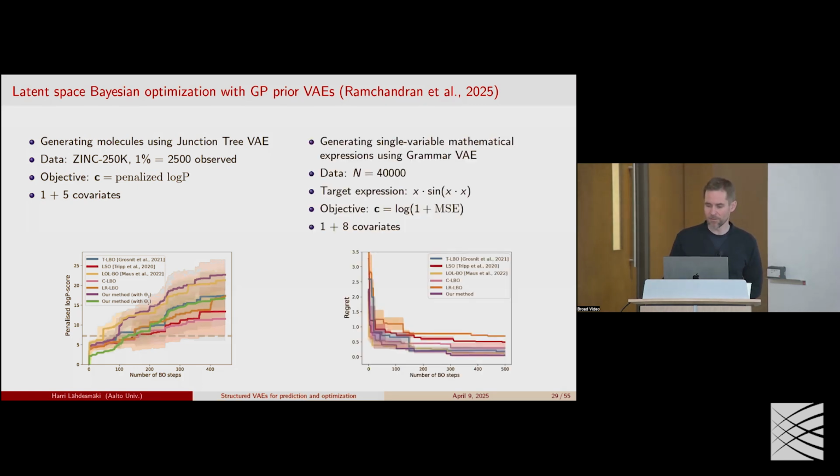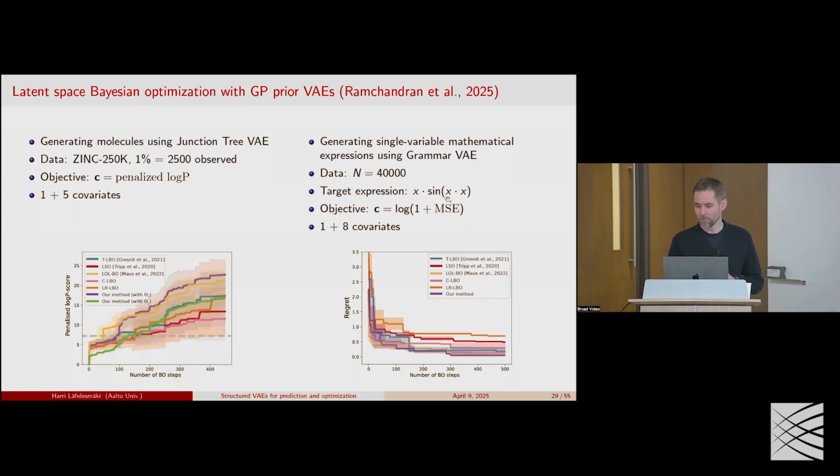Another example is generating single variable mathematical expressions using grammar VAE, which is maybe complicated if you think about optimization in a continuous domain, but again, the VAE architecture gives us the latent variables, and then the Bayesian optimization is implemented in the latent space.